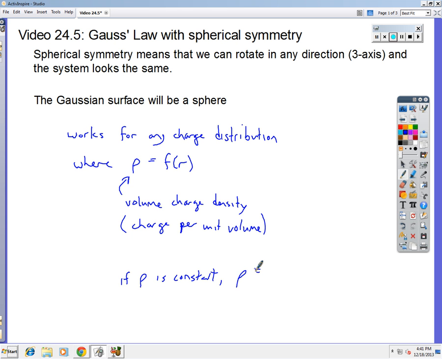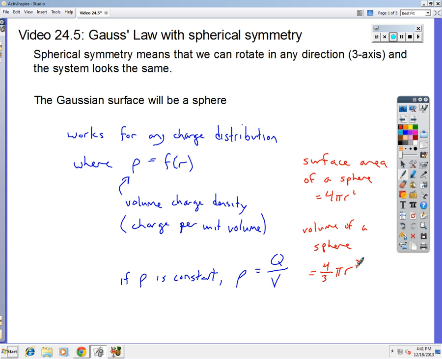So if rho is constant, rho equals the total charge over the total volume. And you'll need to remember a few important equations. The surface area of a sphere is equal to 4 pi r squared, and the volume of a sphere is equal to 4/3 pi r cubed.